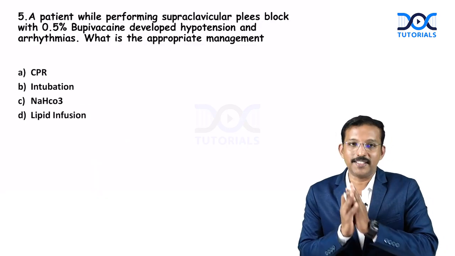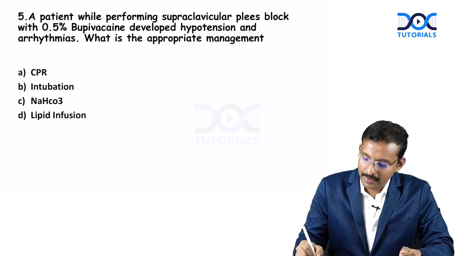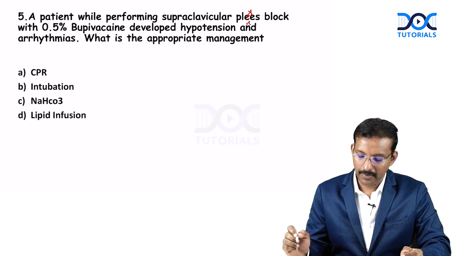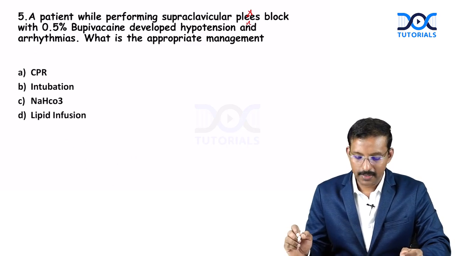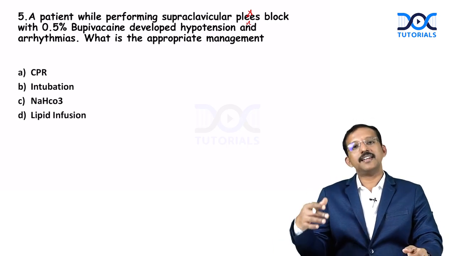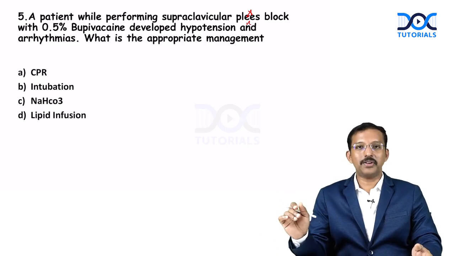Now, the next question. A patient while performing a supraclavicular plexus block with 0.5% bupivacaine developed hypotension and arrhythmias. What is the most appropriate treatment? This is a question that has been repeatedly asked many times in one way or another, and I am sure all of you would have come across it.